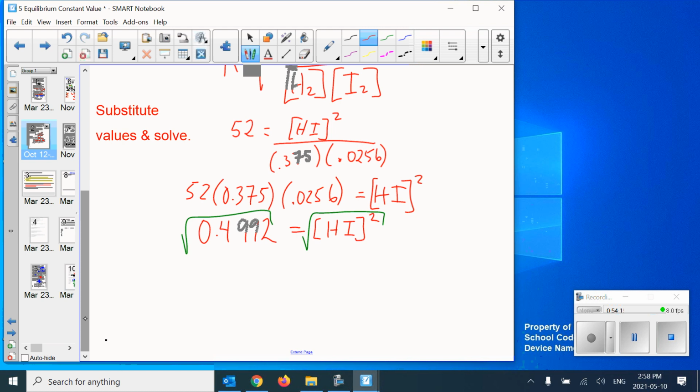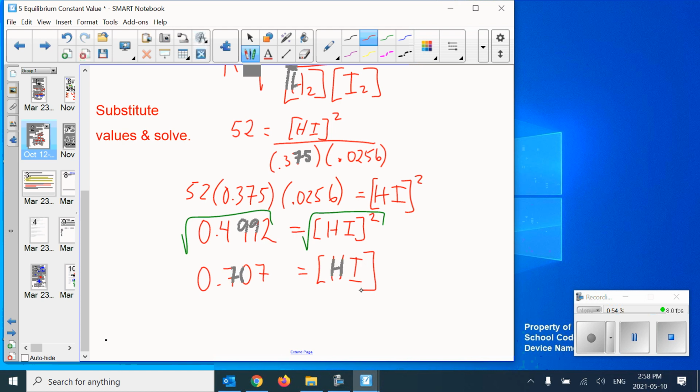Can you give it to 3 decimals? Yeah, so 0.7065. 0.707. Now, I'm going to leave a space here. That's the HI. I would give myself 2.5 out of 3.